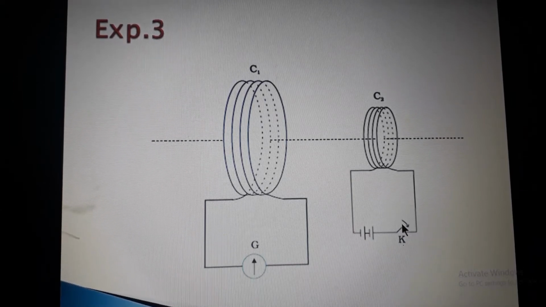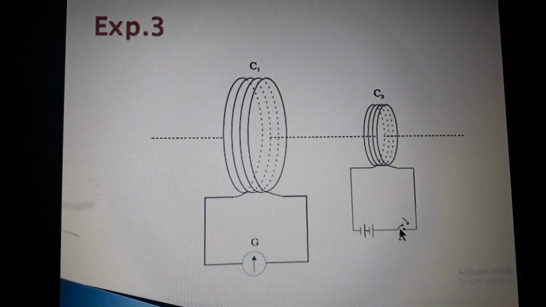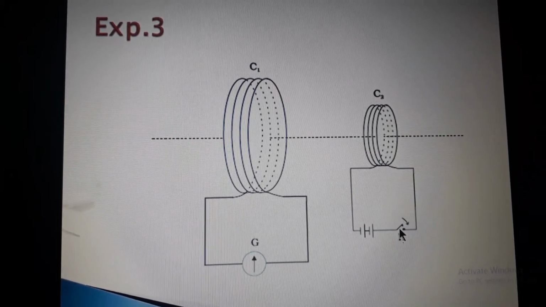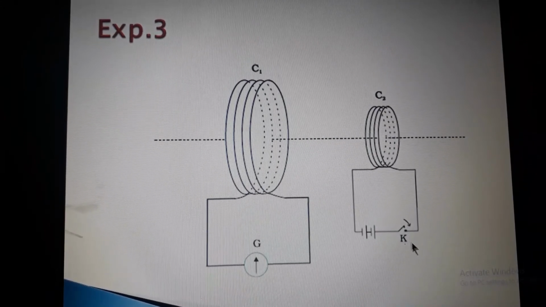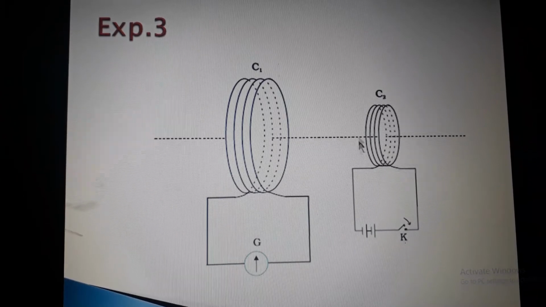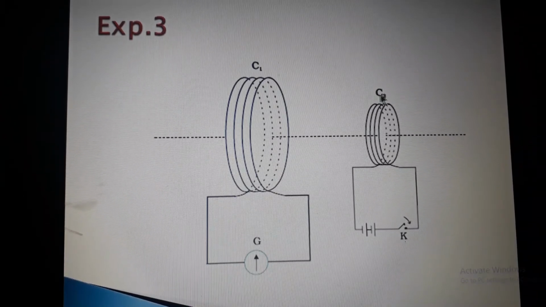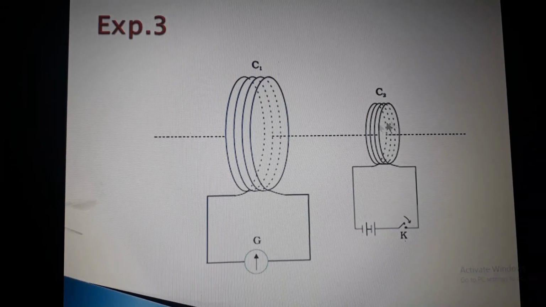But when this key is pressed continuously, at that time what happened? Suppose this coil is fixed, means you don't move this coil either towards or away, and the power supply is fixed.